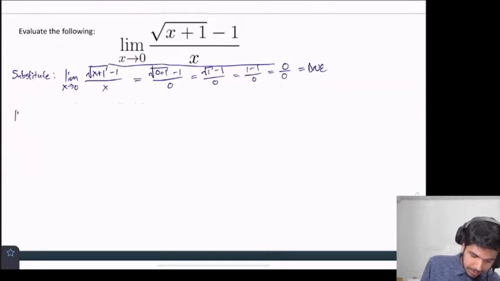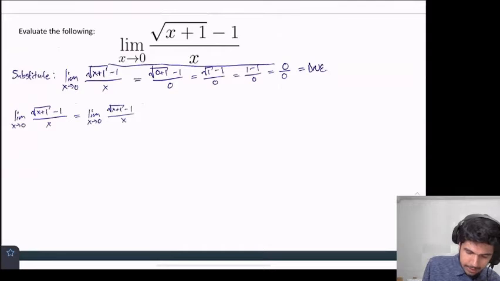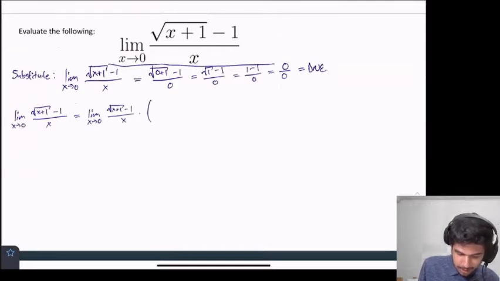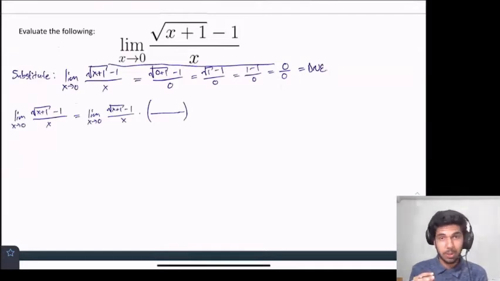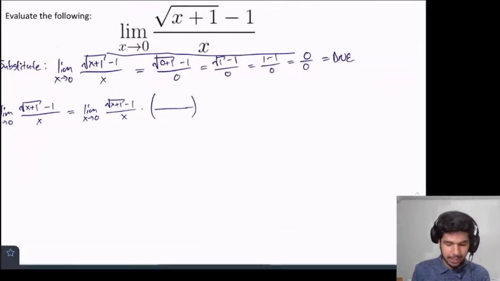So we can say that the limit as x approaches 0 of the square root of x plus 1 minus 1 all over x is equal to this same limit, the square root of x plus 1 minus 1 all over x, times, and we're going to construct a fraction here. We want this fraction to be 1, so we want the numerator and denominator to be the same.